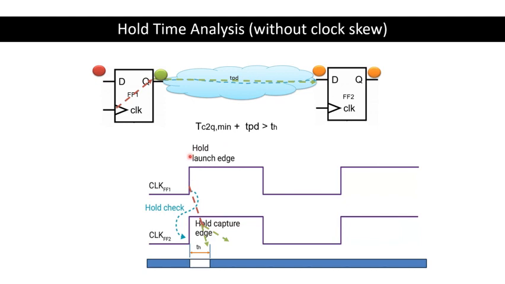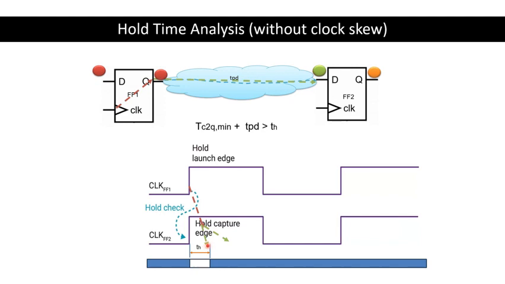But the hold time analysis will check whether from the edge, the new signal coming from the flip-flop 1, undergoing the logic elements delay, will override the input D of the capturing flip-flop too fast or not. If it happens too fast, that means the TC to Q plus the TPD is shorter than the hold time.